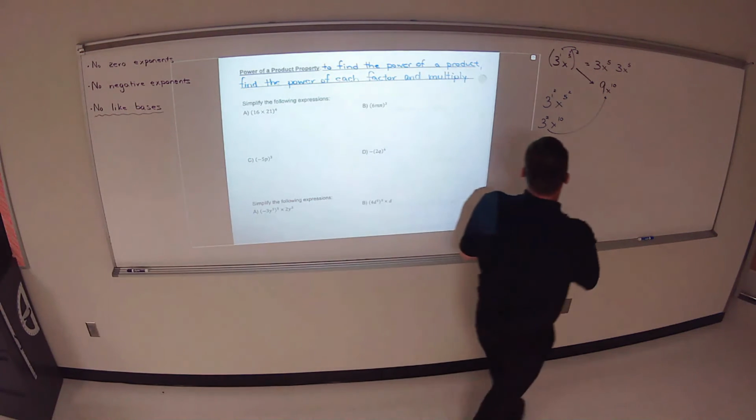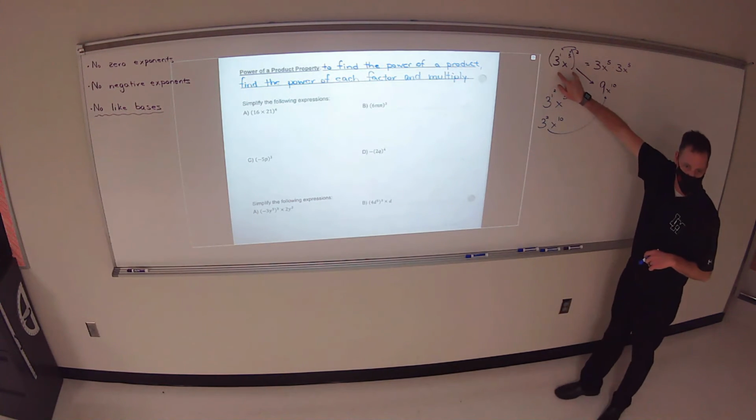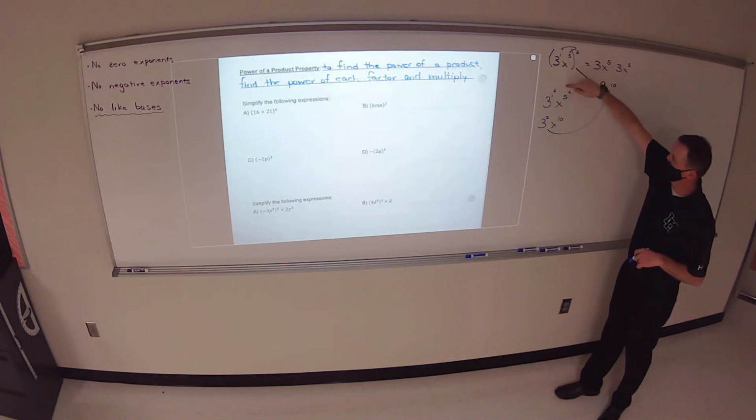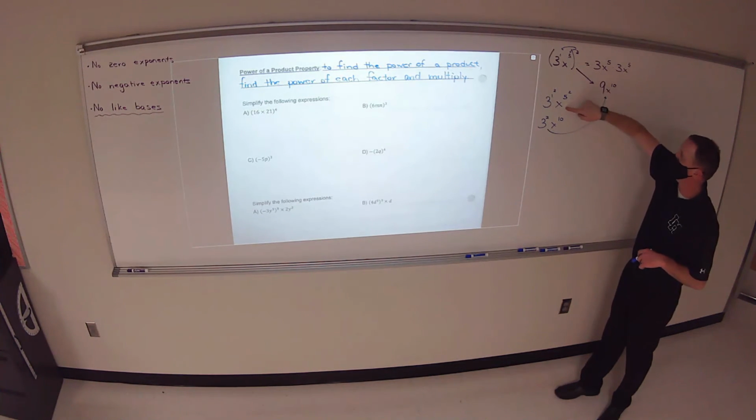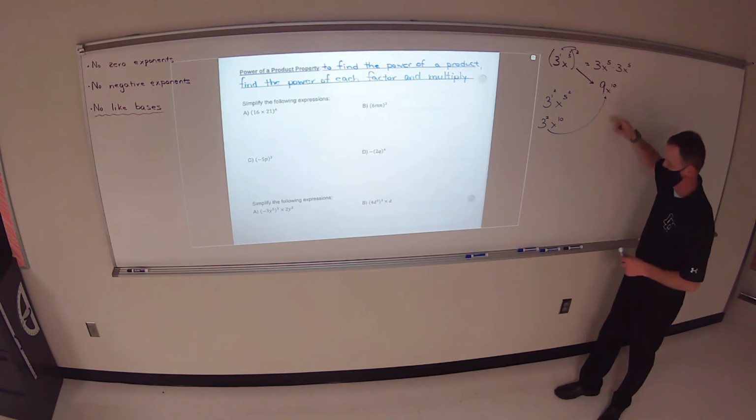That's what we did right here with our example. We found the power of each factor, and then we're multiplying those together, okay?